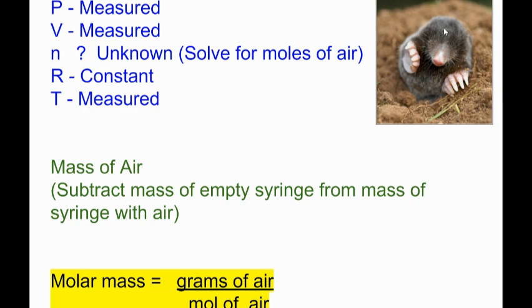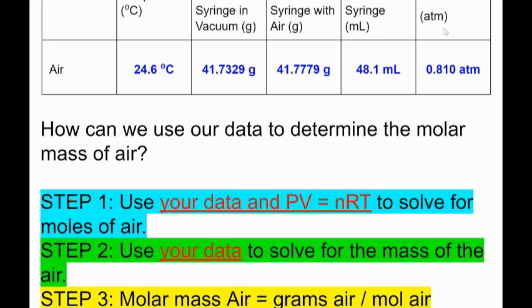Molar mass is grams per mole. So if we divide the grams of air by the moles of air, we'll get molar mass in grams per mole. So let's take a look at our data set and walk through and do these calculations systematically. Step 1, step 2, and then finish with step 3.